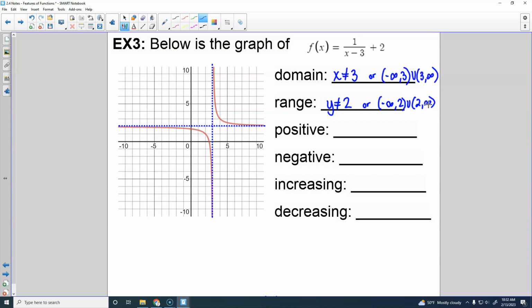Now, I need to give you a piece of information that is not evident on this graph. Actually, no, we can find this. To do positive and negative, I need to know where this crosses the x-axis, because I need to know where it's above and where it's below the x-axis.